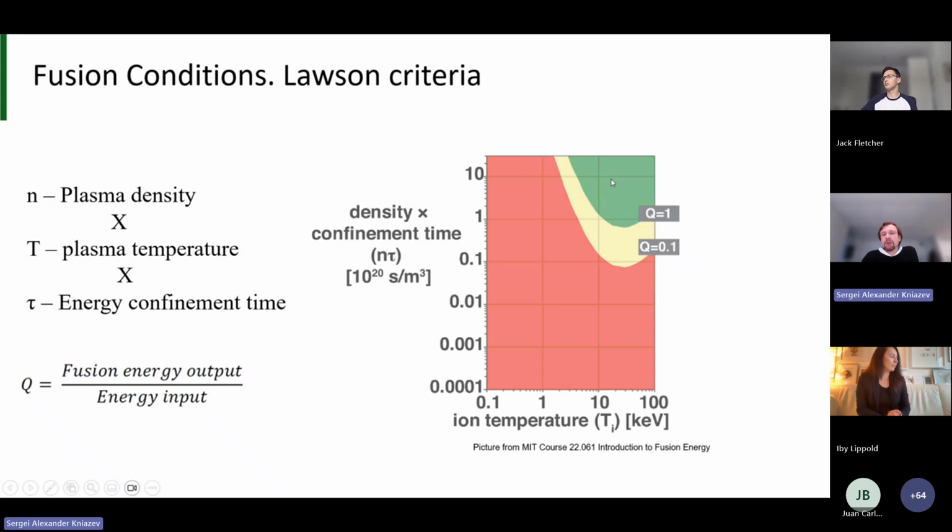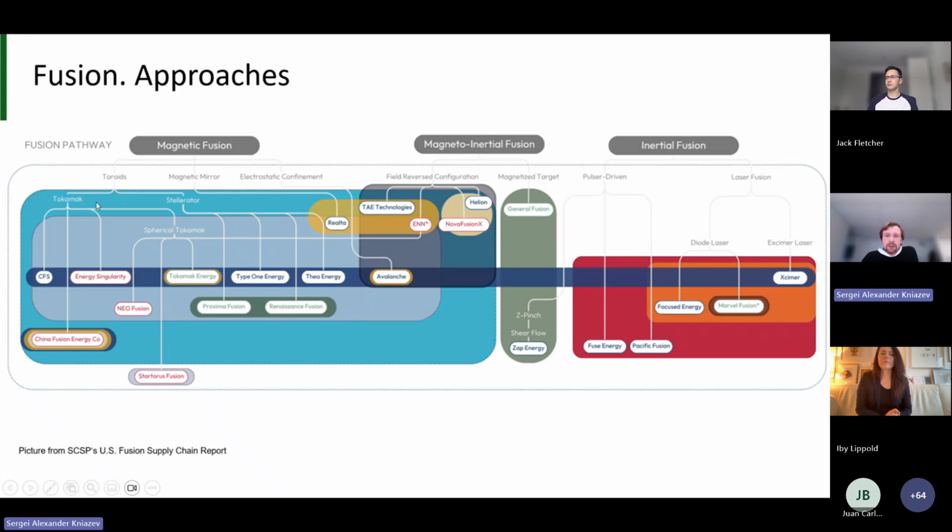We will talk about this a bit later: for magnetic confinement, in tokamaks and stellarators, confinement time is the important parameter, but for laser inertial confinement, the confinement time is very short, while the plasma density is very high. So the triple product may be the same as in a tokamak, but it will exist for a very short confinement time, with a much higher plasma density.